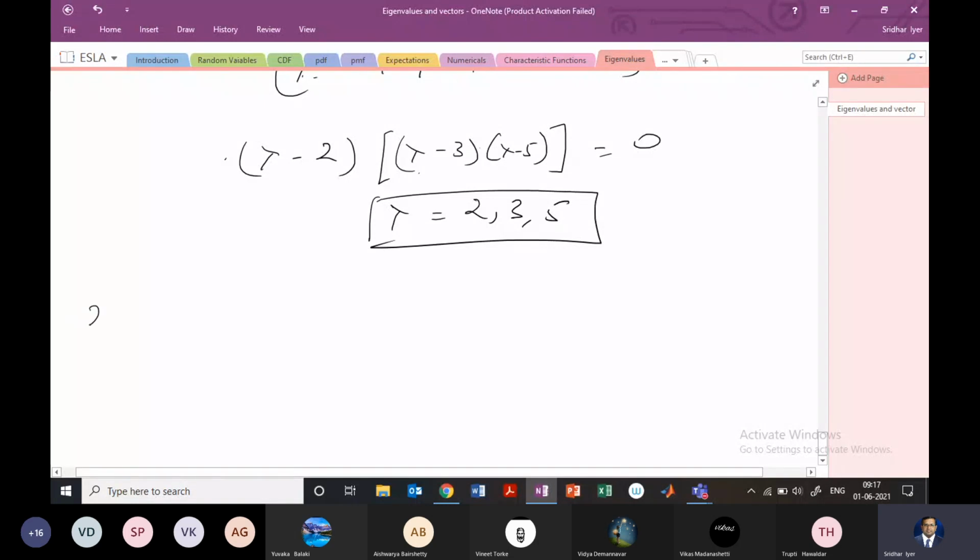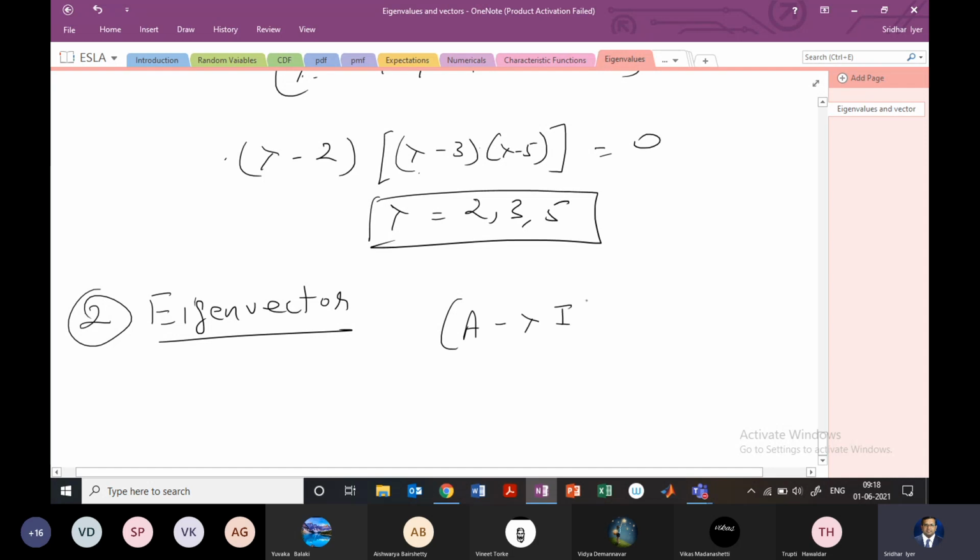Now in the second step, we need to find the eigenvector. The eigenvector needs to be found for each and every eigenvalue. So what we have to do is we'll first write the equation. To find the eigenvector, you have A minus lambda I into x is equal to 0, right? So I'll rewrite that matrix.